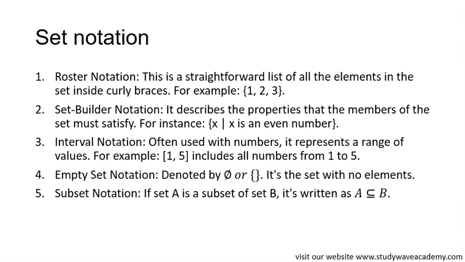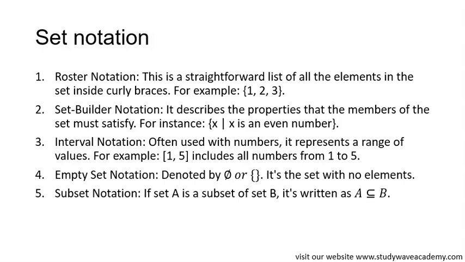Next, let's look at set notation. What do we mean by set notation? Set notation is a way of writing sets using symbols and expressions. So let's look at some common notation. We have the roster notation. This is a straightforward list of all the elements in the set inside curly braces.